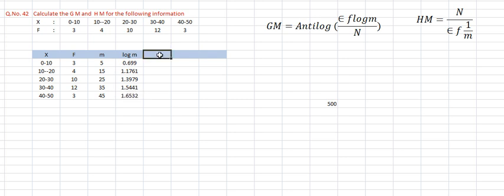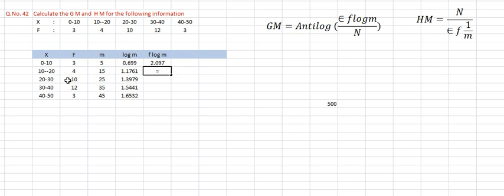Then you need to multiply f into log m. So f is here, log m is here, multiply these two like this. 3 into this number gives 0.6990.